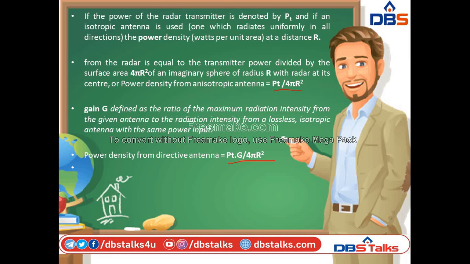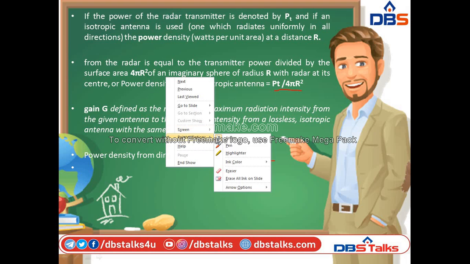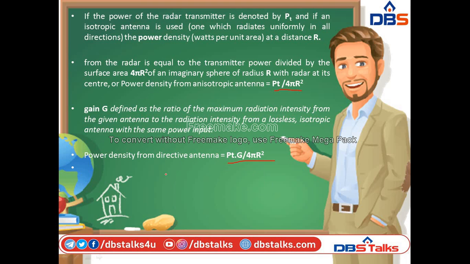Then we can determine the power value: PR, the received power, is equal to PT GT into sigma, which is the area of cross section, divided by 4 pi r square.